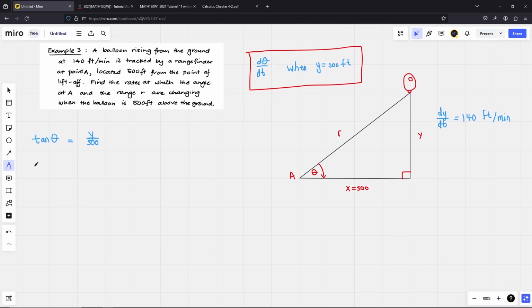Okay, let's take the derivative of both sides with respect to time. So d by dt of tangent theta is equal to d by dt of y over 500.